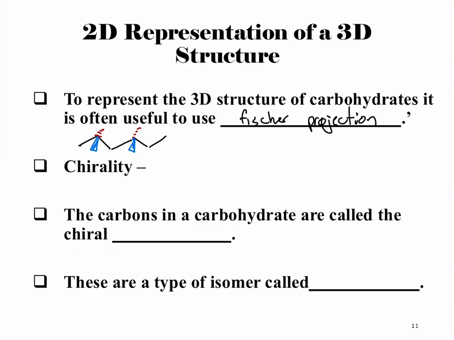Like your left and right hand, they're a mirror image of each other, but there's no way you can superimpose them on each other, right? Which means the three-dimensional structure of this is going to be different, right? So these were non-superimposable mirror images.